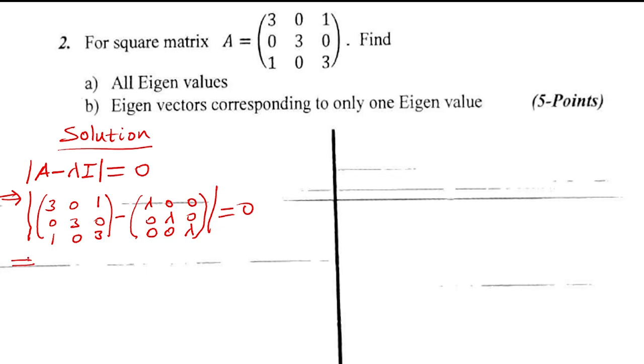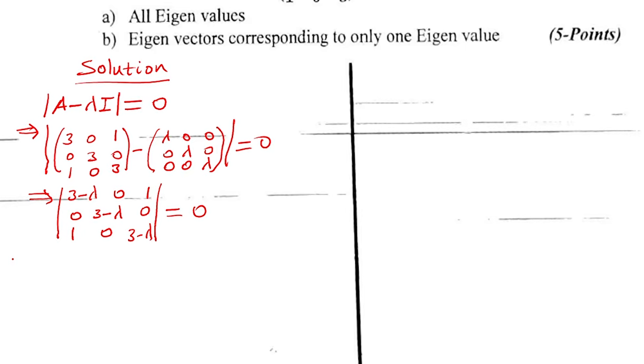This implies the determinant of 3 minus lambda, 0, 1, 0, 3 minus lambda, 0, 1, 0, 3 minus lambda is equal to 0. Now expand the determinant along the first row.